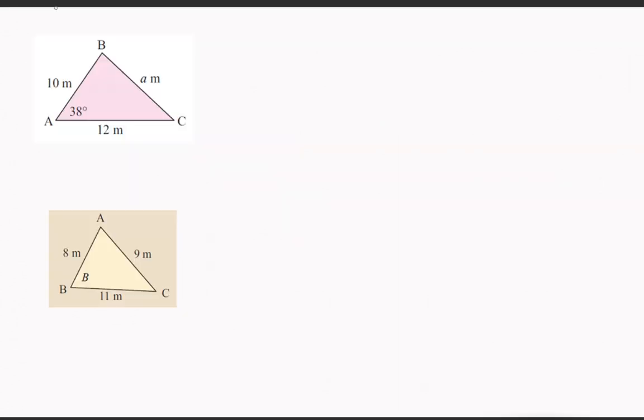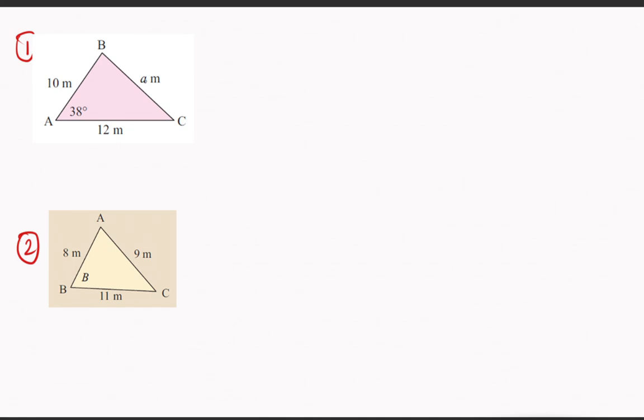So let's do a couple of examples. Question 1. Now you can see here they've labelled this side as A, so that's fine for us. Obviously the opposite side is A, so this is perfectly labelled.